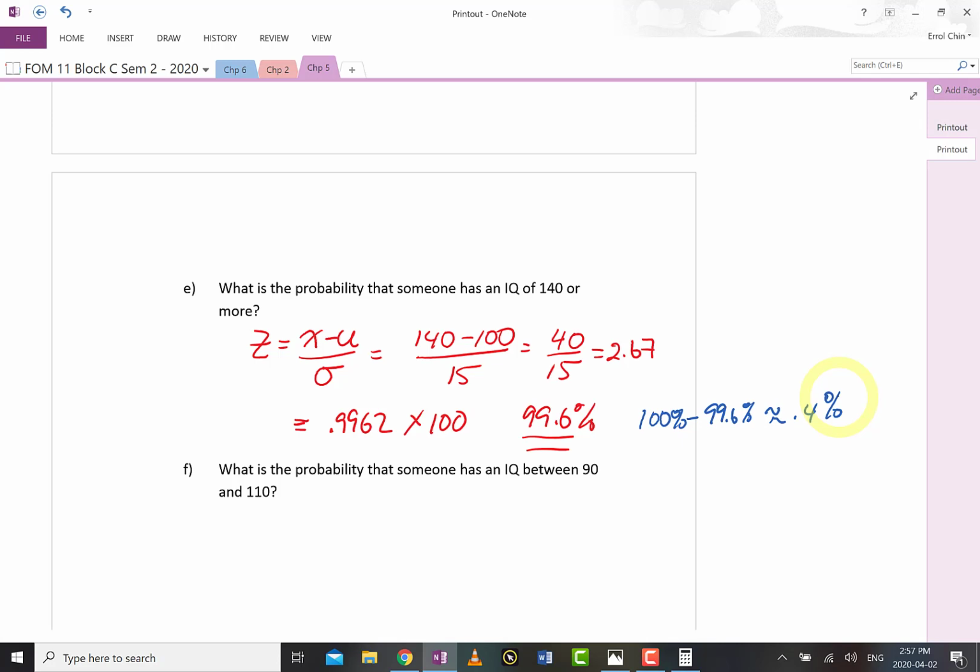Okay? So I just want to make sure, 99.6%, when we first originally calculated it, was everybody that has an IQ of 140 and below. But the question says above or more. So you want to find the area to the right of the curve this time. The only problem is the z-score table gives you only areas to the left. So you need to make sure you remember that.